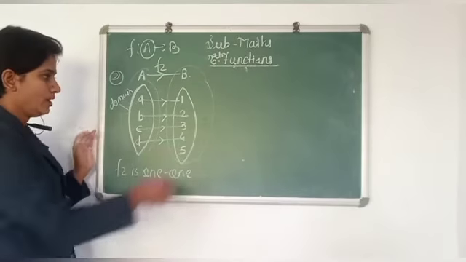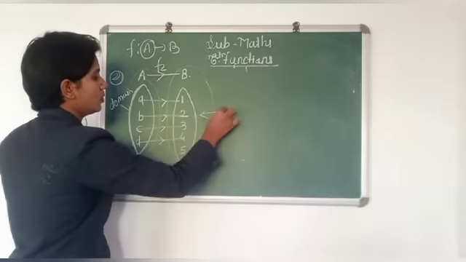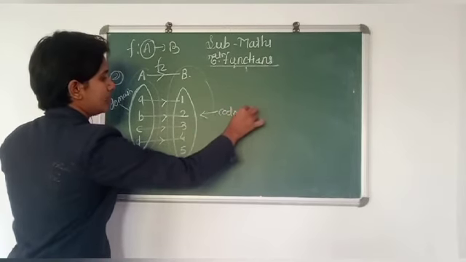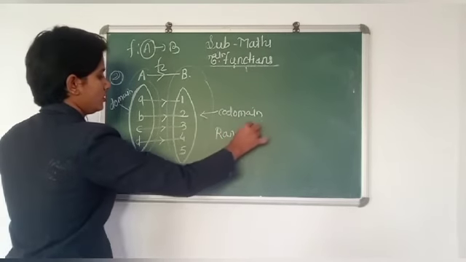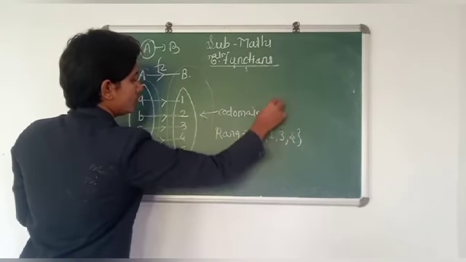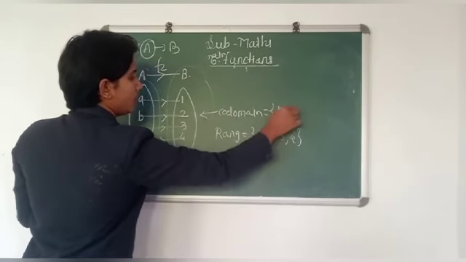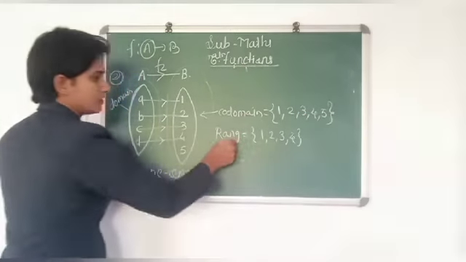So the codomain is 1, 2, 3, 4 and 5, that means the whole set is the codomain. But what is the range of this function? The range is only 1, 2, 3 and 4, and the codomain is the whole set B, containing 5 elements. So the codomain is not equal to the range.